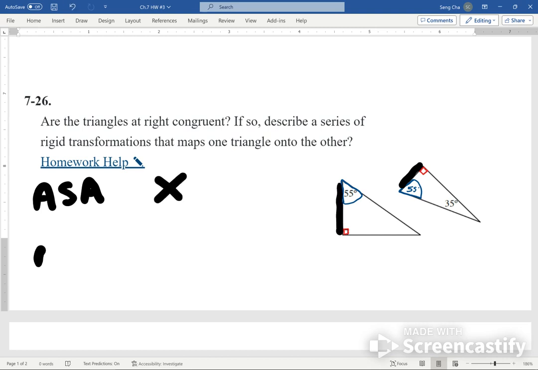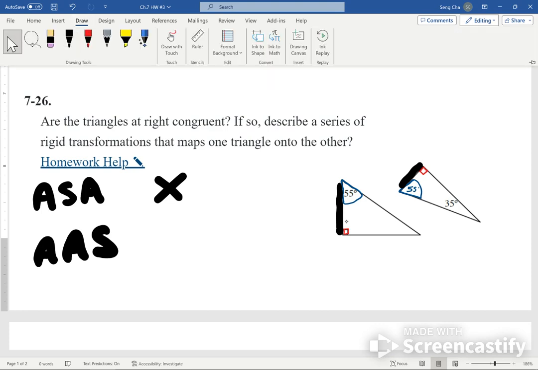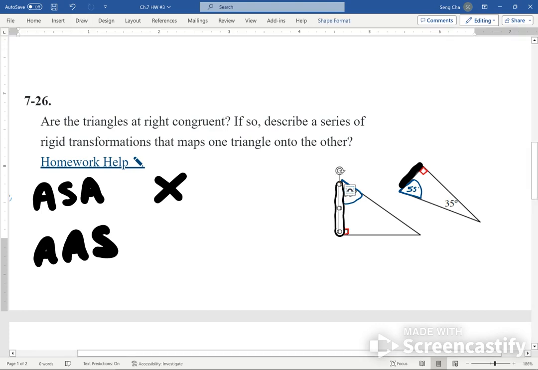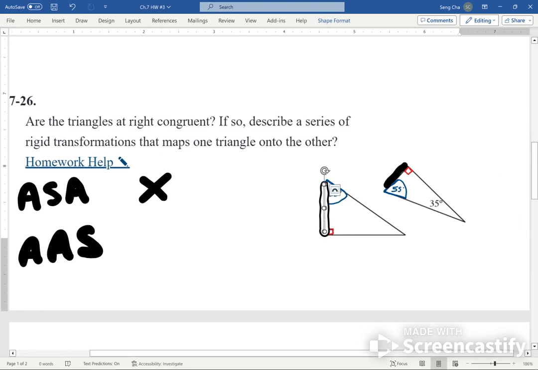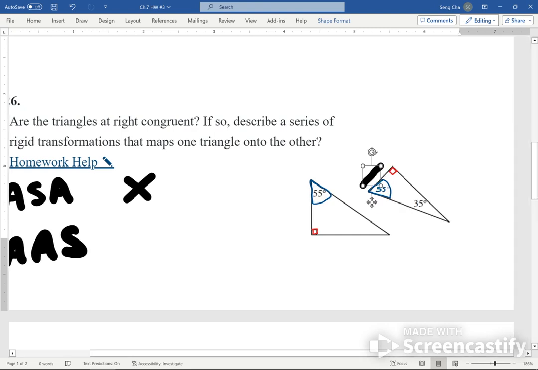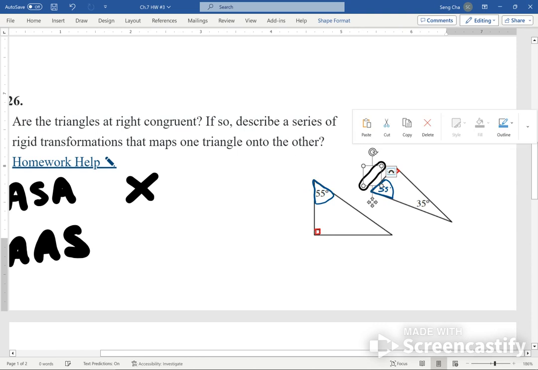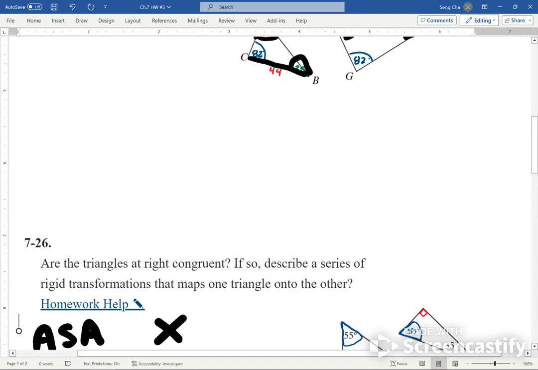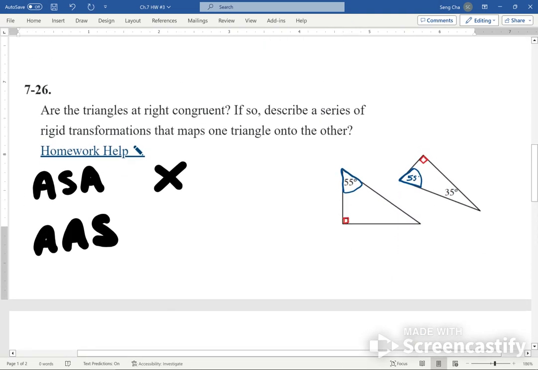And then we also have angle angle side, which means I need to be able to figure out the other side.